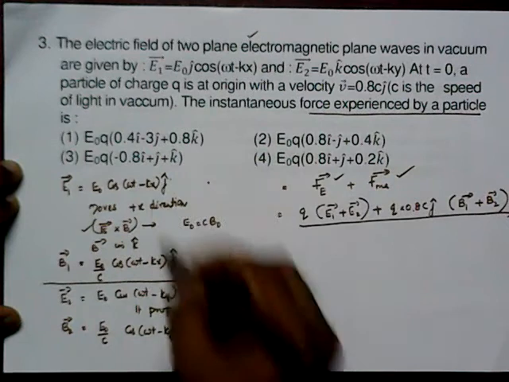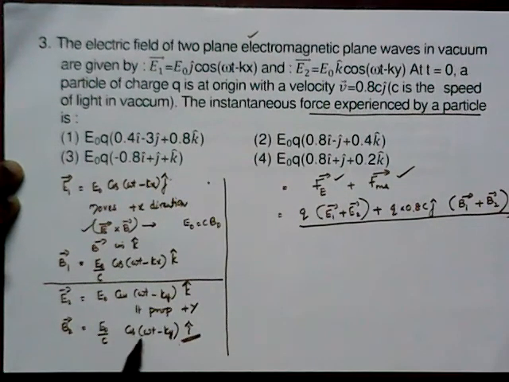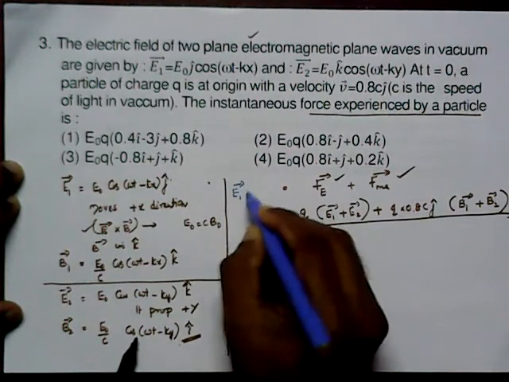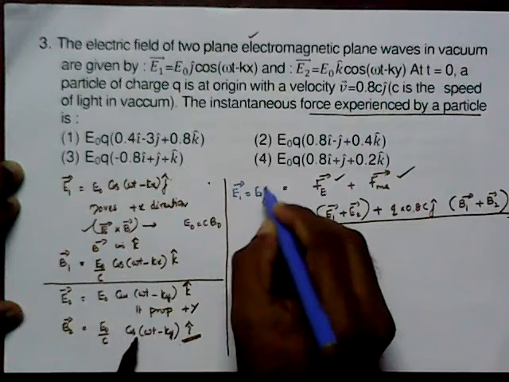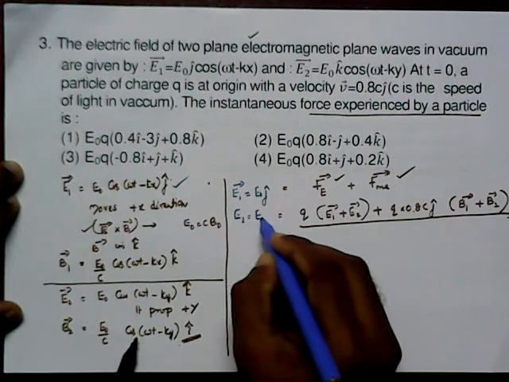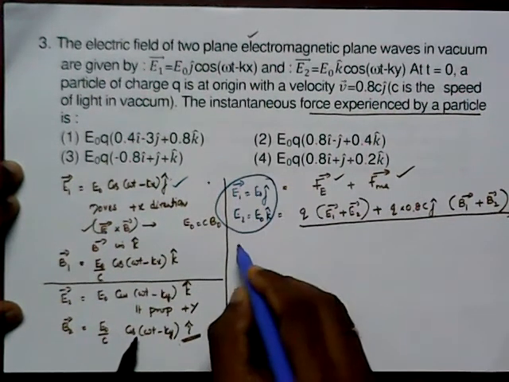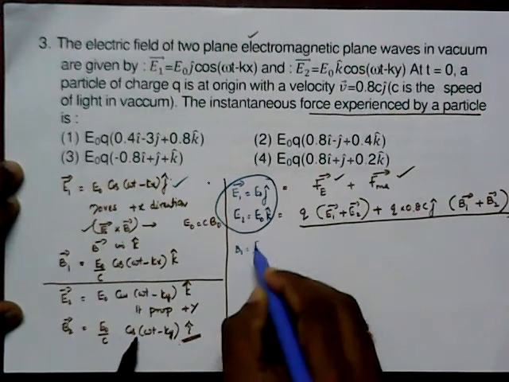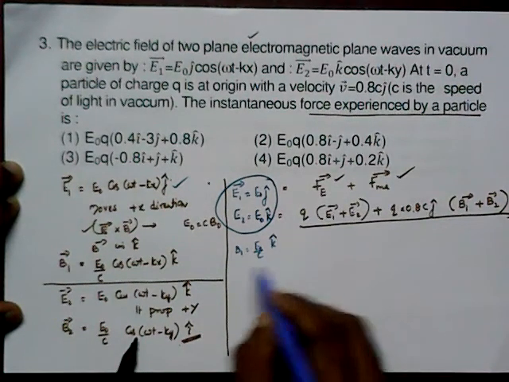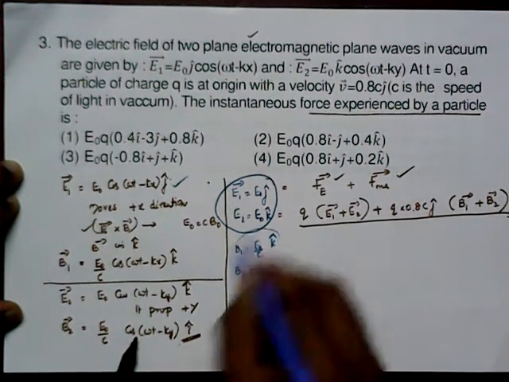Keep in mind that for E1 we can easily represent the direction: E1 takes the value E0 j, and E2 is equal to E0 k, and similarly B1 is equal to E0 by c into k cap, and B2 is equal to E0 by c into i cap.